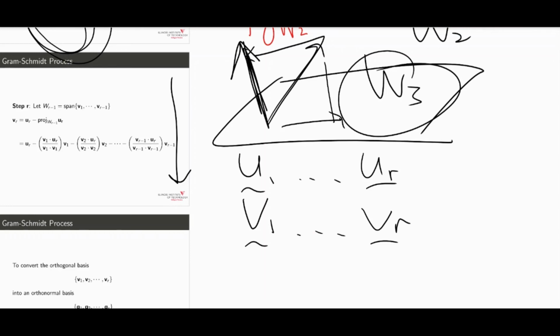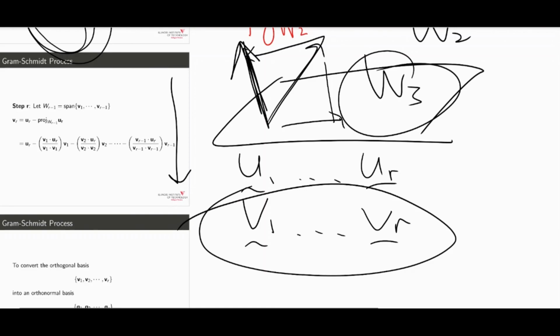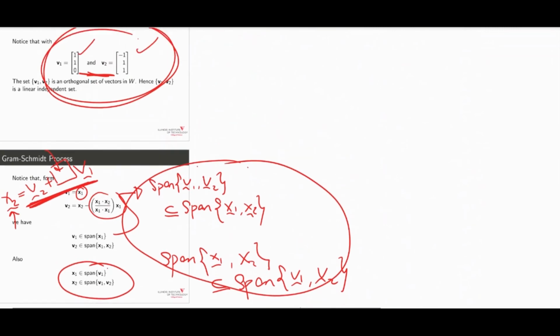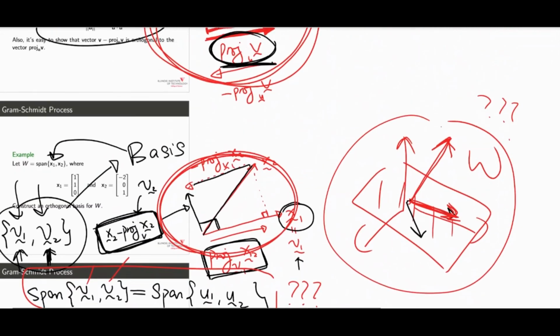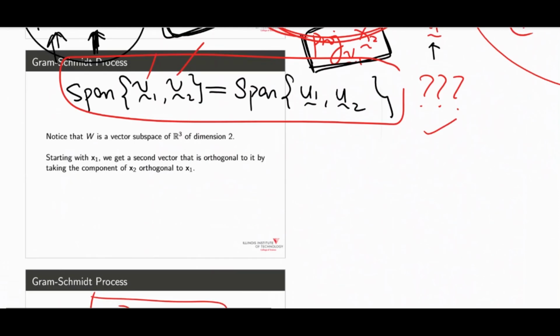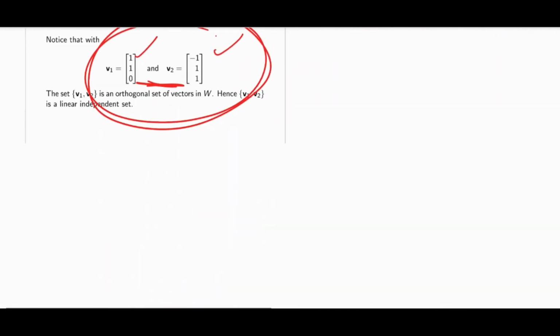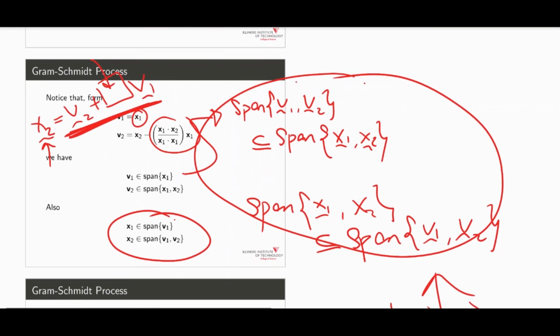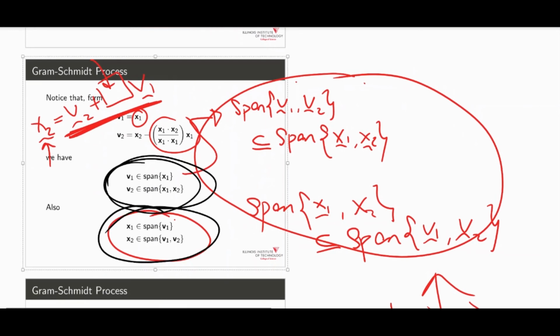So the only question right here is, is the span of this the same as the span of this? And the answer is yes. Basically exactly the same argument from before, because we have a way to write down all the formulas. From the formulas that we have, you can repeat this process to show that V1 is spanned by U1, V2 is spanned by U1, U2, and then U1 is spanned by V1, U2 is spanned by V1, V2.